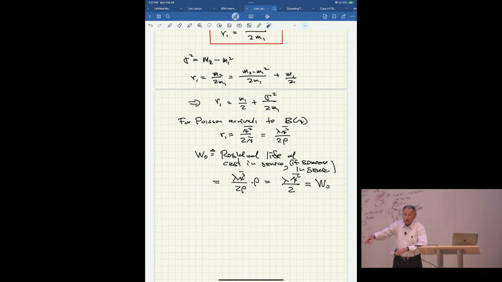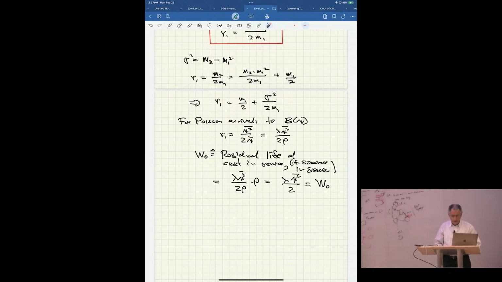Which means the light bulb test that I'm doing is a false test. The statistic is wrong, because the bulb I happen to walk out and pick is more likely to have been there. One that's got a very short time, it's gone. I never get a chance to notice it. So that way of testing is a fallacy in statistics. It's called the paradox of residual life. Anyway, so much for this introduction.